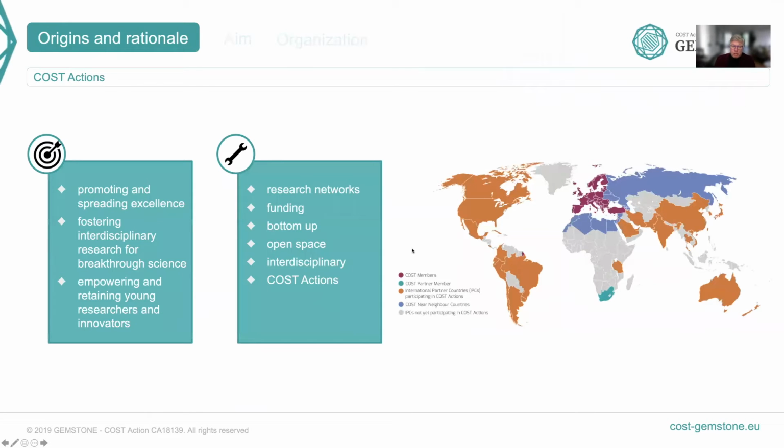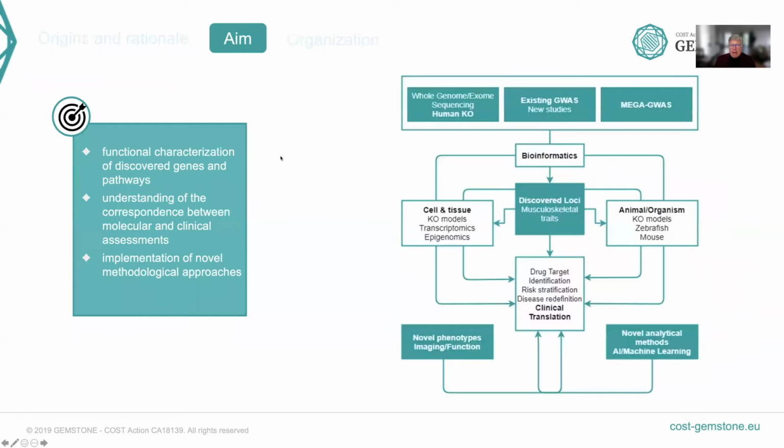GEMSTONE is a COST Action whose objective is to promote and spread networks of excellence meant to bring people together, researchers who are experts in their fields from interdisciplinary areas to work together to solve a problem. And that's the case for GEMSTONE, where we were overwhelmed by all the genomic discoveries arising from genome-wide association studies, but also by whole exome sequencing efforts in families.